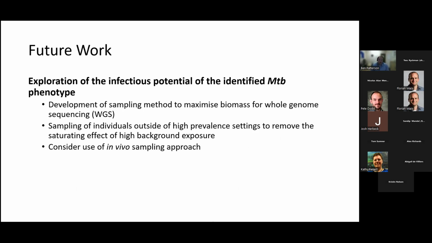Okay, and then the final bit, as I talked about earlier, is trying to explore the infectious potential of this phenotype. It's definitely technically difficult, but one area of interest would be trying to maximize the sample yield, both by sampling method and probably by culture method, to maximize the biomass so that you could generate a whole genome sequence.